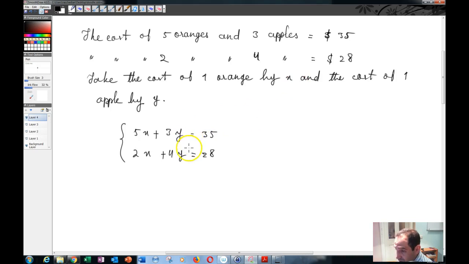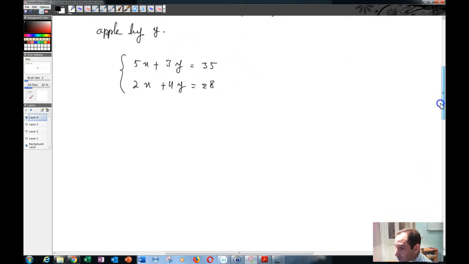Now, of course, you can write this in general form, meaning that you can write it as 5x plus 3y minus 35 is equal to 0, and then 2x plus 4y minus 28 is equal to 0. Then you would be able to solve this by the method of elimination.